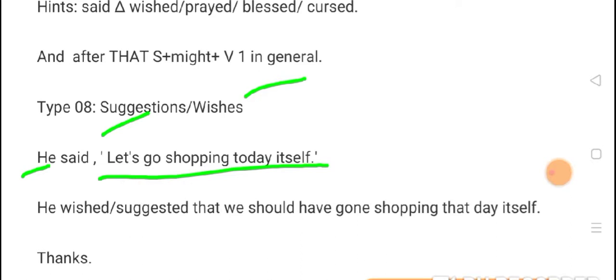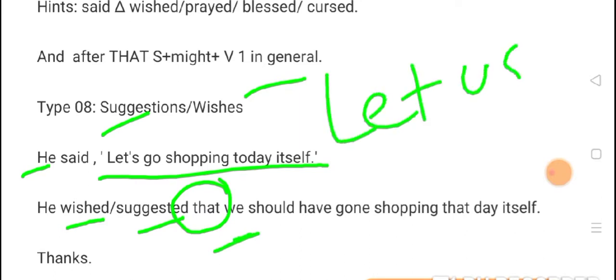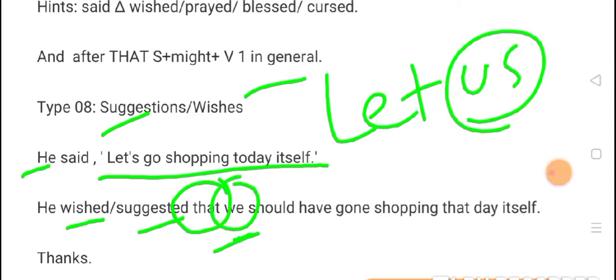So what he said, he wished or he suggested, and then "that", and then the subject. "Let's" is "let us", so "us" will be changed into "we", and this is a suggestion, that's why "should", and you have to write it in the past, so: we should have gone shopping that day itself.